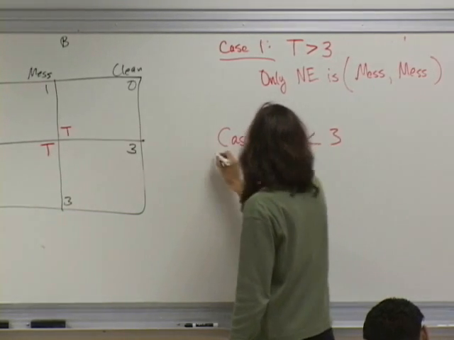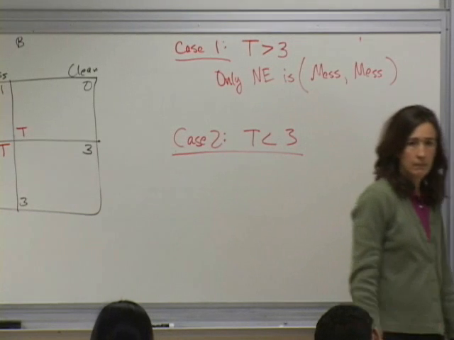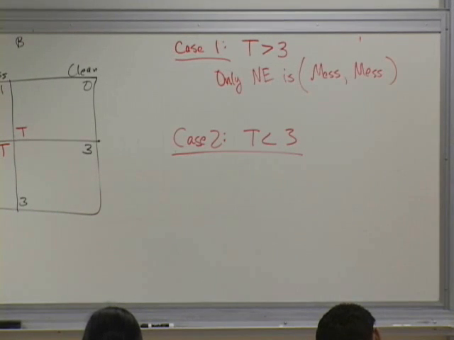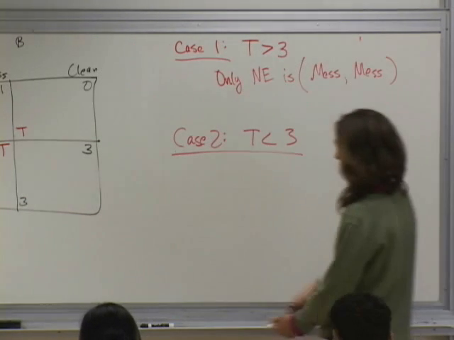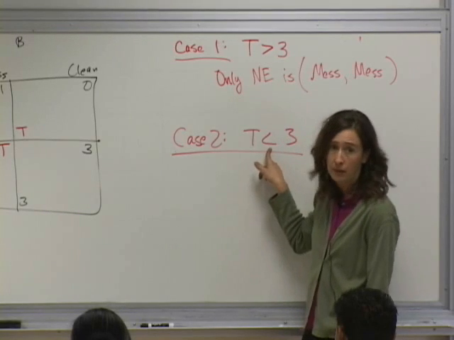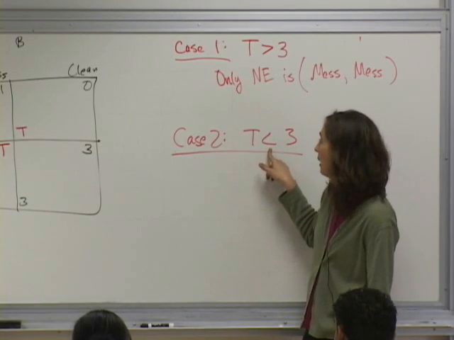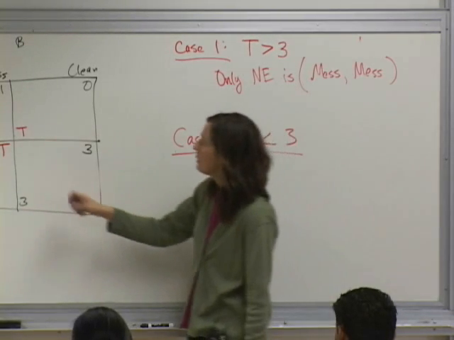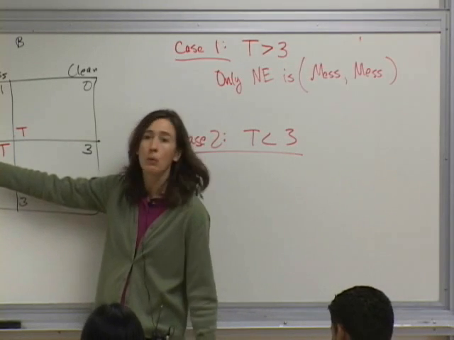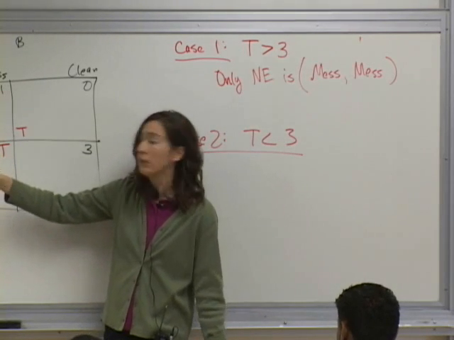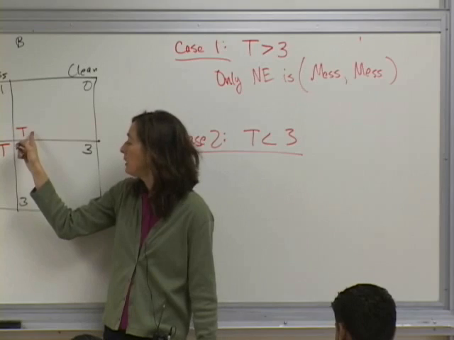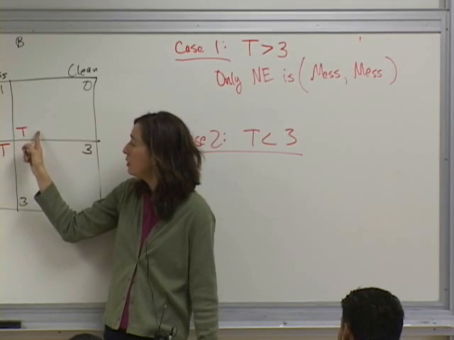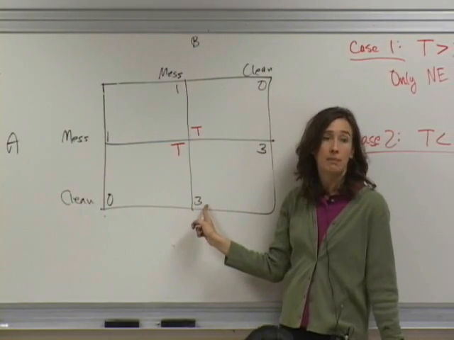Second case, T less than 3. Dominant strategy now? No, right? This is the case we were just looking at. If T is less than 3, it's the assurance game. Then what I want to do depends on what you're going to do. If T is less than 3 and you clean up, I'd rather clean up too.